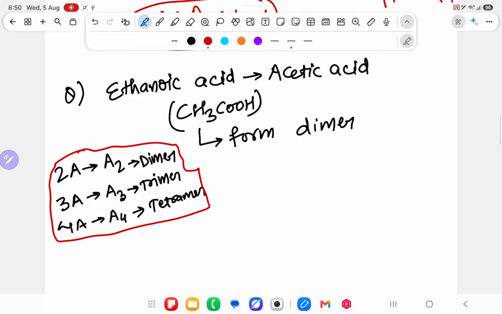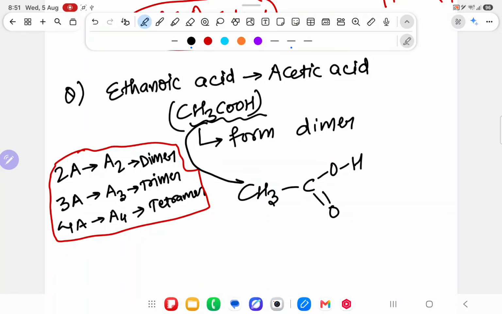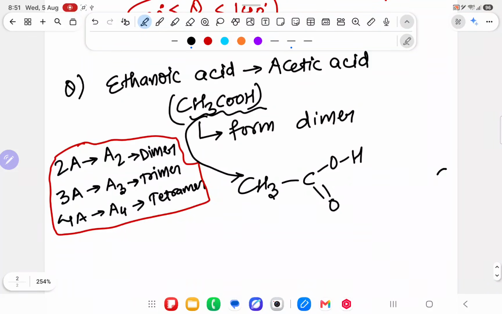It means ethanoic acid, how will it form? Check. CH3, C double bond O, OH is there. Like that you will draw, it is easy to understand. This formula can be represented like this. Dimer means another will come: CH3, C double bond O put there and OH put here. What will happen?